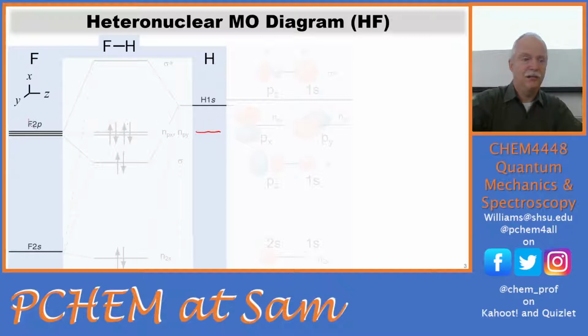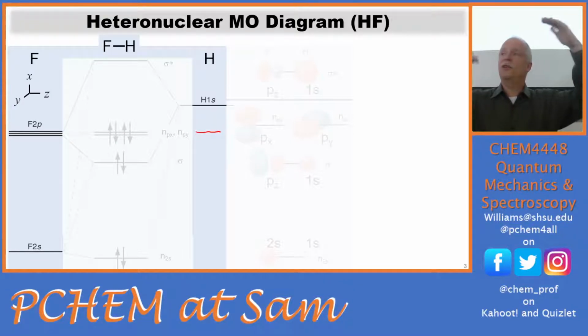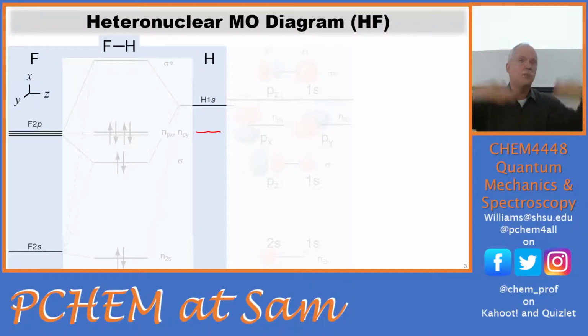Because here's the two p's in fluorine, and here's the hydrogen 1s. So they should be close in energy. So if you're writing this MO diagram yourself from scratch, blank sheet of paper for the exam or something, you can put that 1s right up there with the 2p's, because that's that frontier orbital.